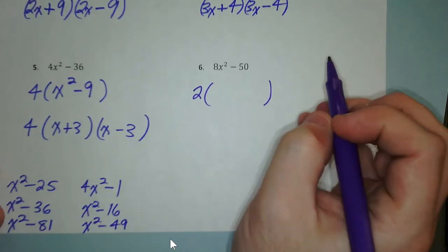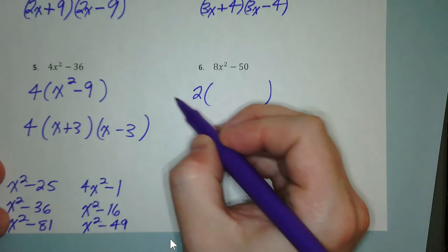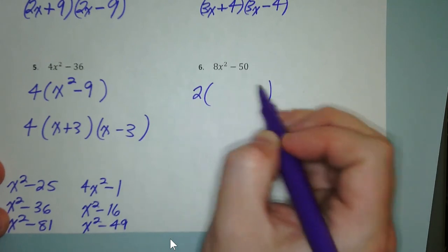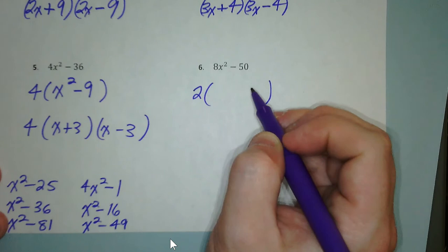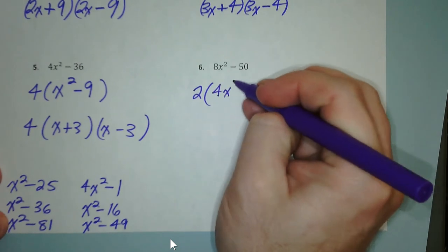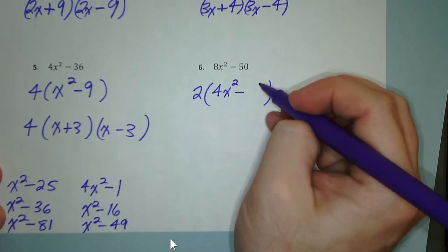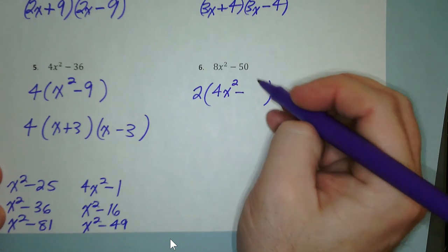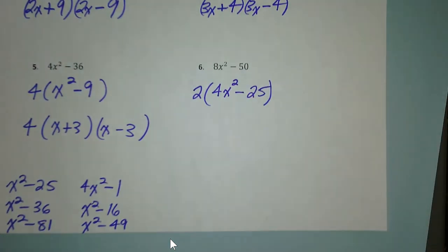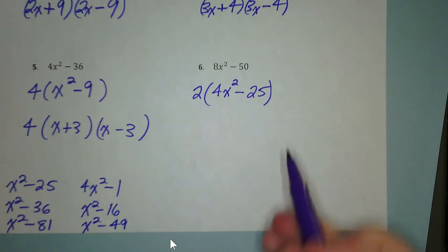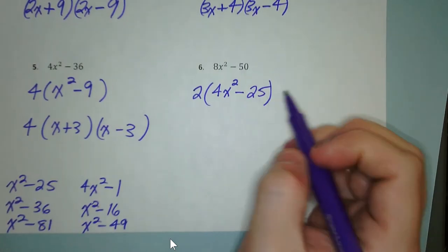So, Jesselyn, what's left over if we divide a 2 out in front as a GCF? What's going to be left over in the bubble here? 4x squared, good. How about from the 50? Very good. Nice job. Jack, can this keep going now? Can we actually unfoil the 4x squared minus 25?